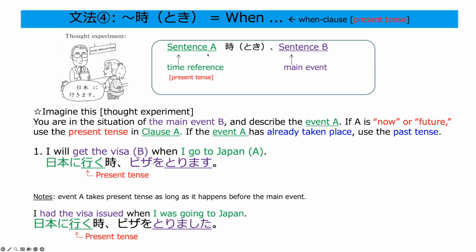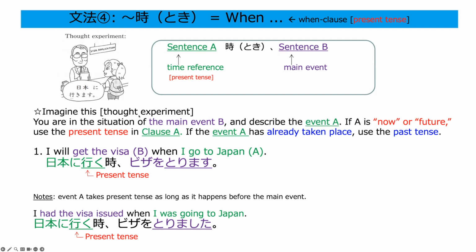So on this page, I'm explaining, sentence A, 時, sentence B. Then I'm going to explain when we use the present tense within the when clause, sentence A. Then the whole point is just these two sentences here.